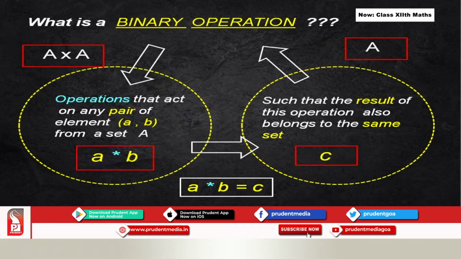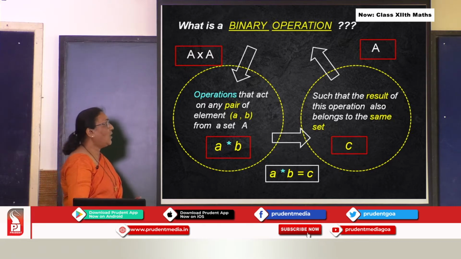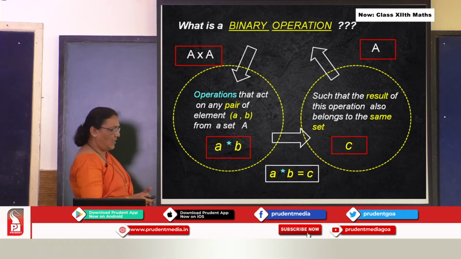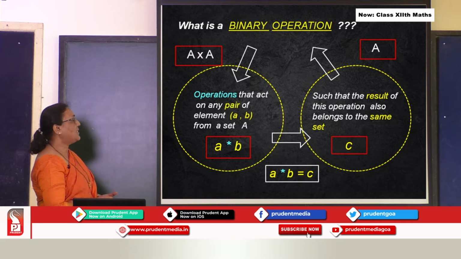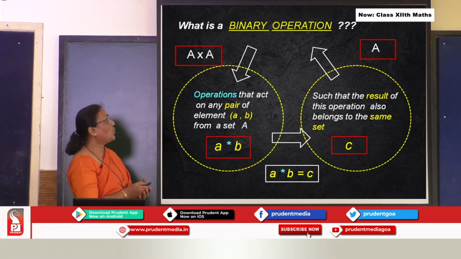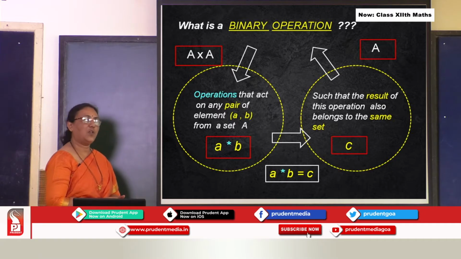Small a is coming from set A and small b is also coming from set A. Now, an operation that acts on any ordered pair a, b from set A, such that the result of this operation is C. See, A star B is C, and this C belongs to A, the same set. Then that operation is called a binary operation.